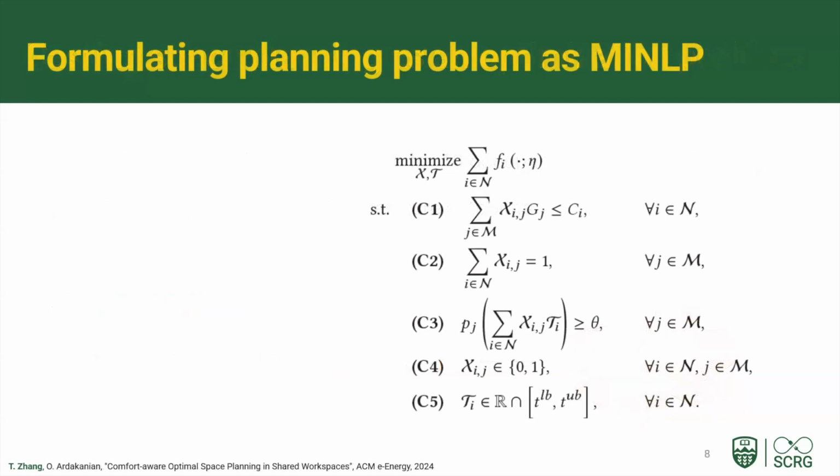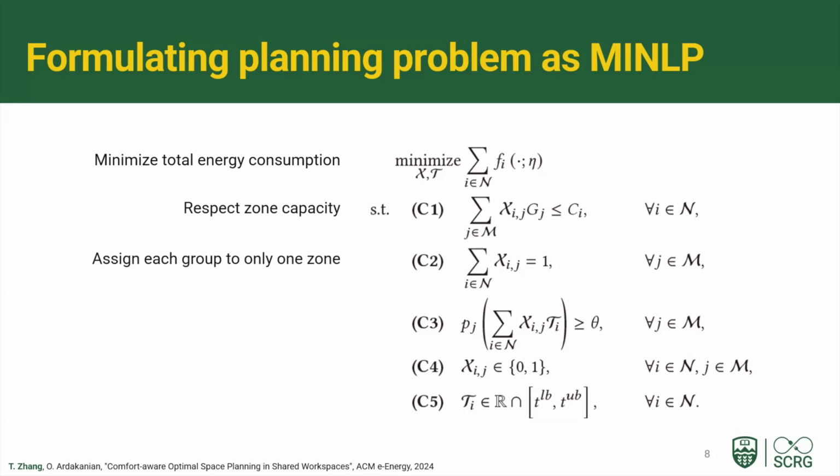So this is the mixed integer nonlinear programming problem we identified. The objective is to minimize the building HVAC energy consumption, which is the summation of the zone HVAC energy consumption. The first constraint is the zone capacity, indicating that the total number of occupants assigned to any given zone does not exceed the maximum capacity.